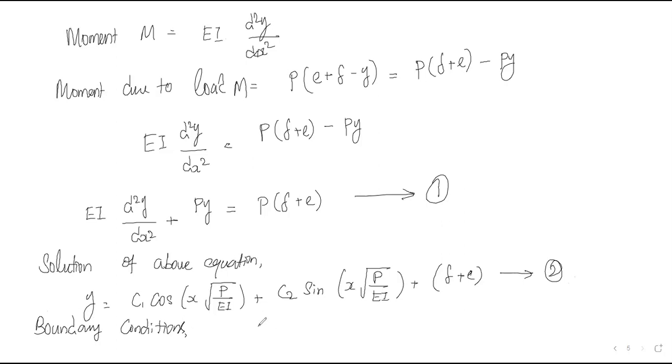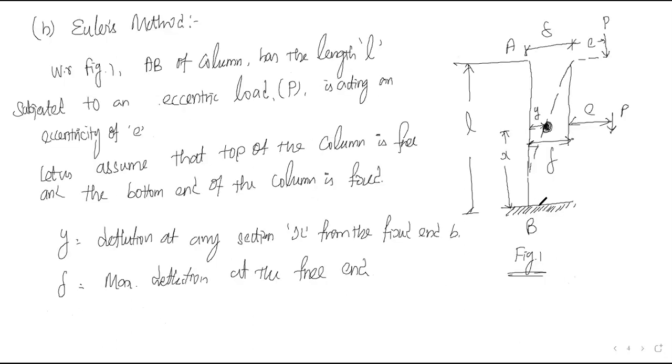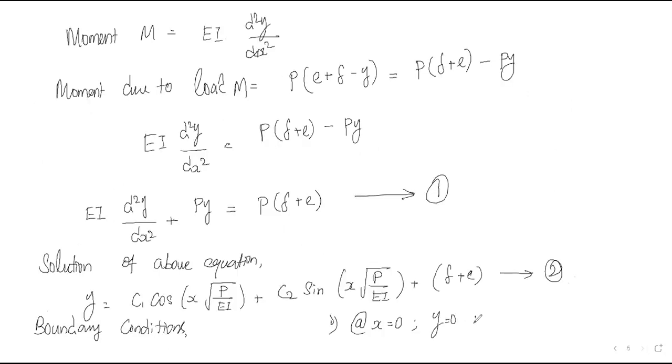What are the boundary conditions available? Two conditions are available. One is at x equal to 0, then y is equal to 0. Since it is a fixed support, the deflection is 0 and the slope also becomes 0. So if x is equal to 0, y is equal to 0 and dy by dx is equal to 0.